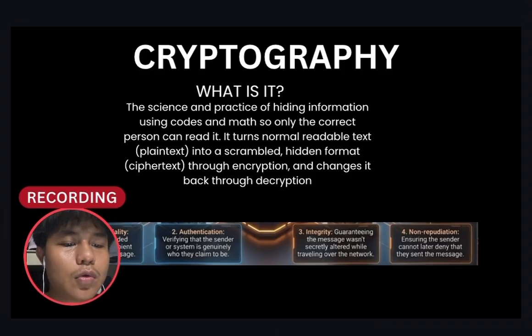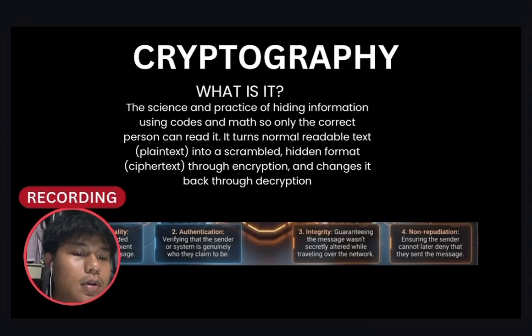So basically, there are two important things in cryptography, which are encryption and decryption. So you can see the picture below. There is confidentiality, authentication, integrity, and non-repudiation.